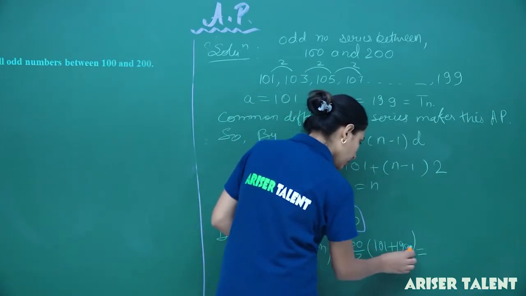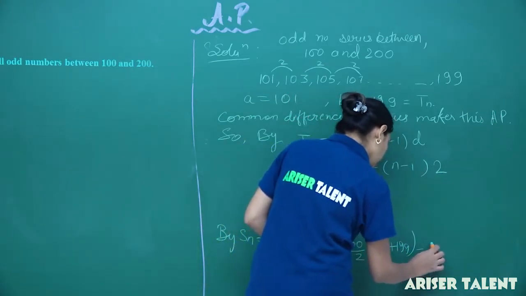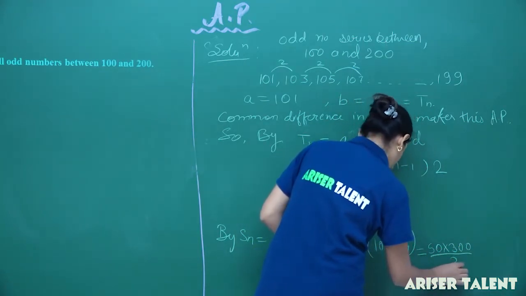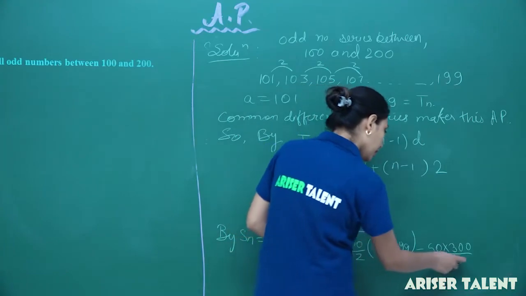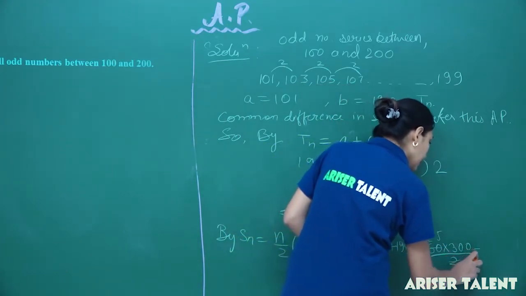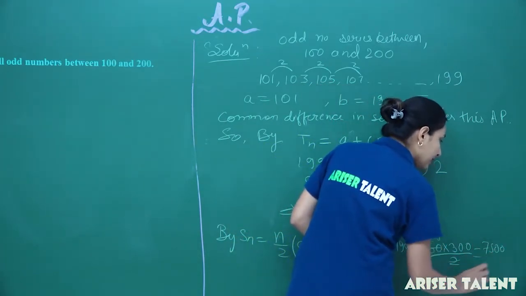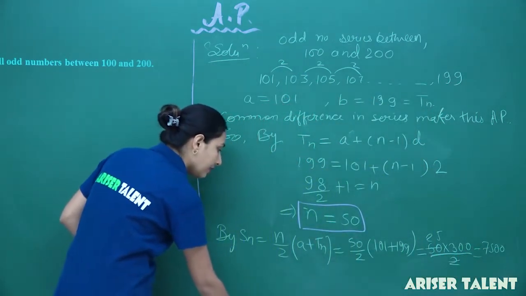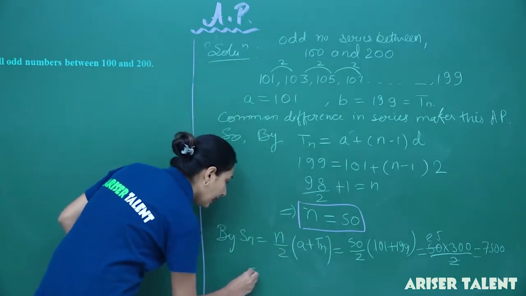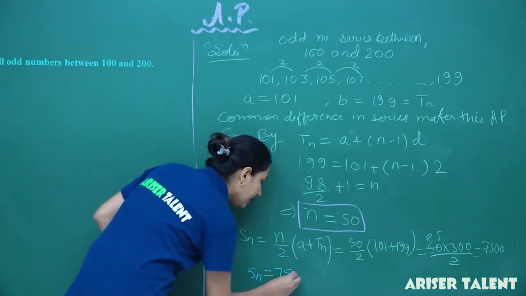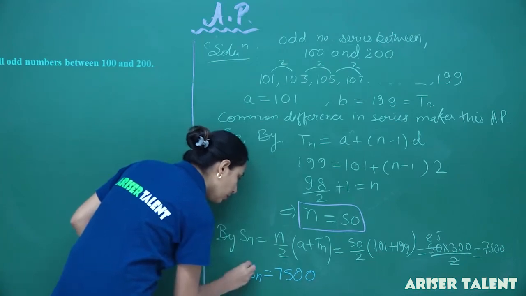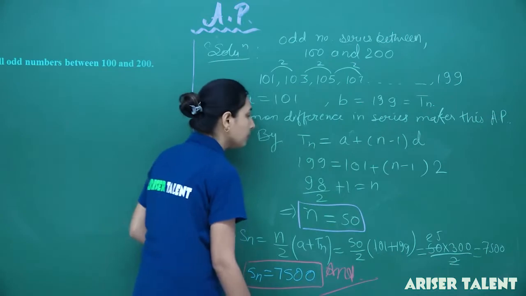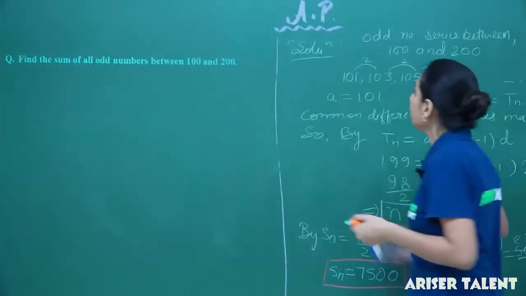That will become 300. So 50 by 2 is 25, times 300, that will give you 7500. So Sn equals 7500 as your answer. Note this, students. Okay.